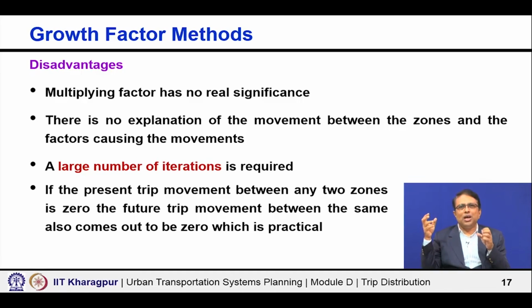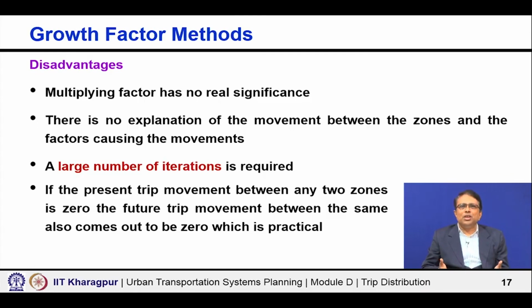So, growth at i and growth at j both will influence, right. So, that consideration is there, but there is no real significance, it is just a factor, that is what we used. What is the physical meaning of that? There is probably not much, nothing much can be said.